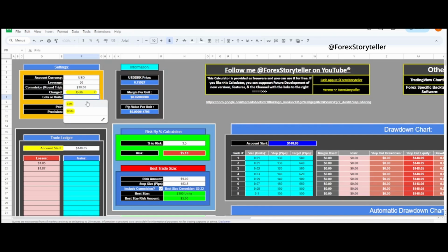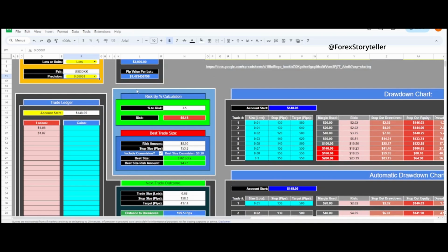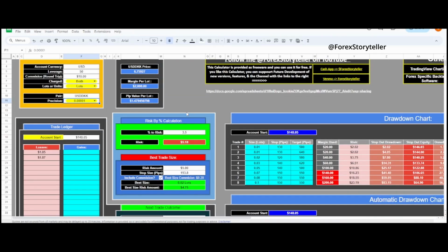So let me set this back to lots. And right now I'm currently looking at the Danish krone at 5 decimal precision. And basically, one of the beginning parts of the calculator, you'll see in this area here, is a risk percentage calculation. The newer calculator made a couple of updates, so this will be labeled a little bit differently.